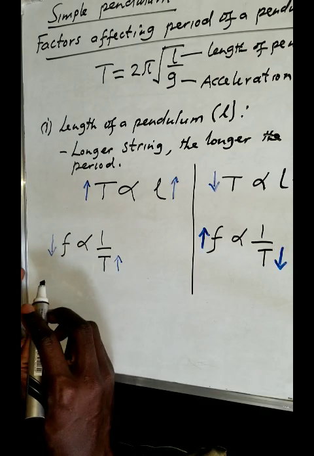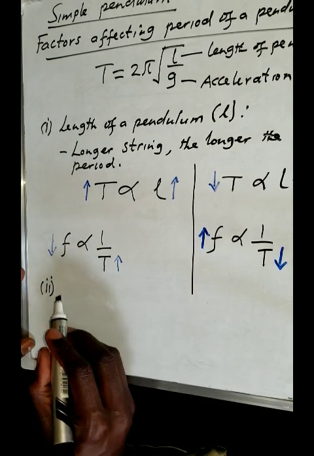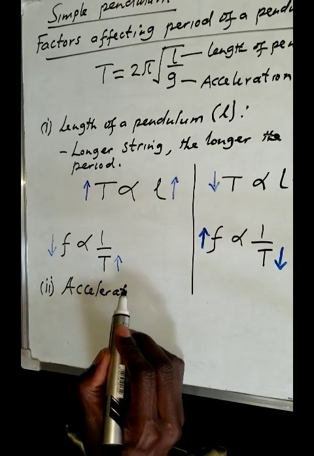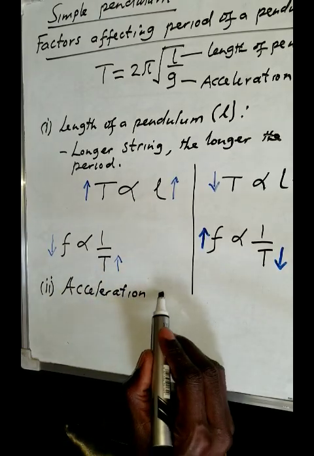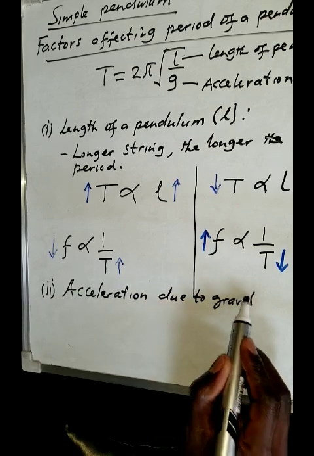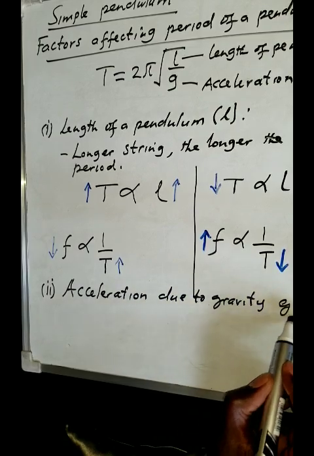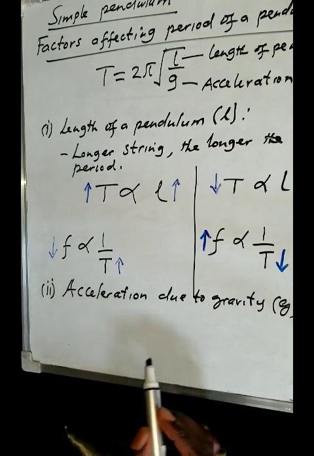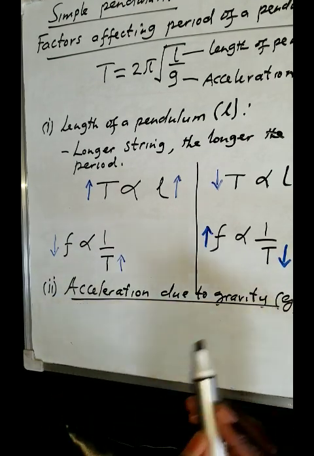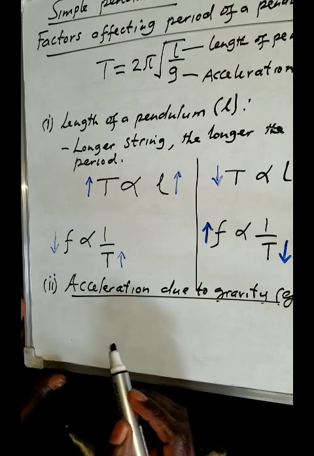The other factor that I can talk about is the acceleration due to gravity, which is our small letter g. Now, how does acceleration due to gravity affect the period of a pendulum?